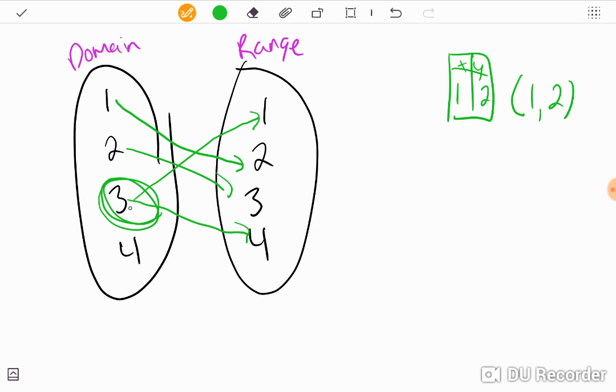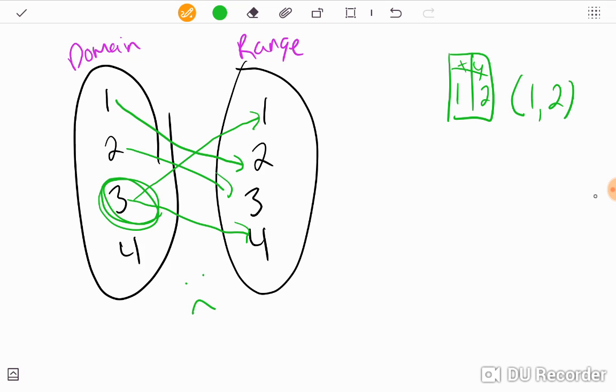That is not good. You can't do that. That is not a function. So if just one arrow is coming out from each domain, that's okay. That's a function. If there are two arrows, three arrows, four arrows, whatever it is, coming out from the same domain, it is not a function.